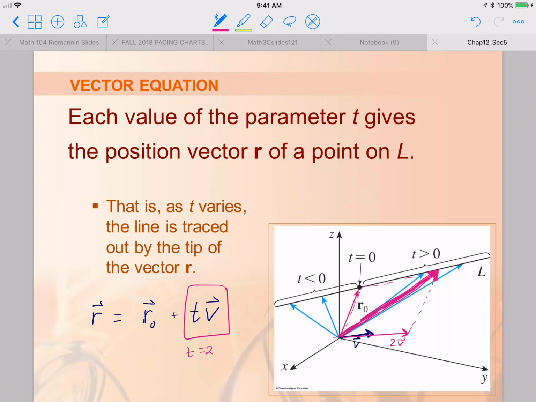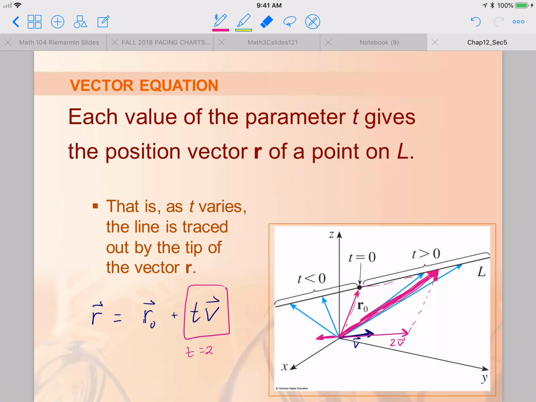And so when T is negative, that means that you're looking at V, but it's going in the opposite direction. So your position vector is now going to be behind, if you will, T equals 0. And you can think of T as time as well.